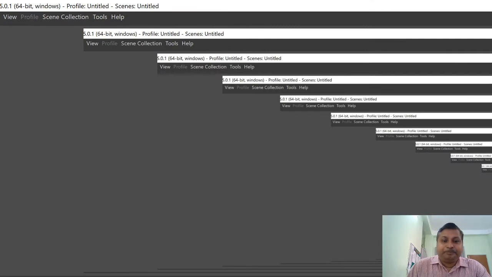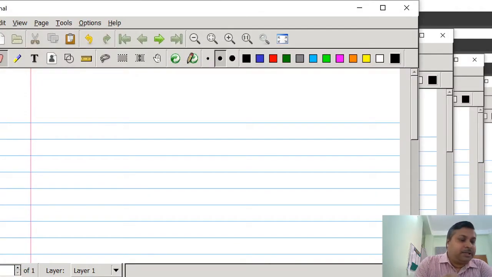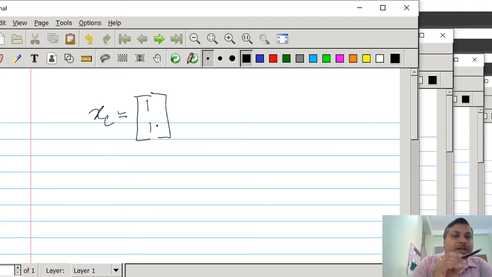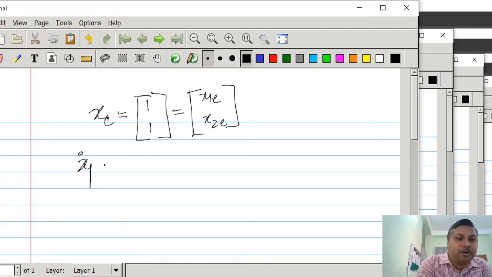So we will understand that xc is 1 1, and we have to verify whether this is the equilibrium state or not. So this is the value of x1e and this is the x2e. So we will substitute in the nonlinear equation.